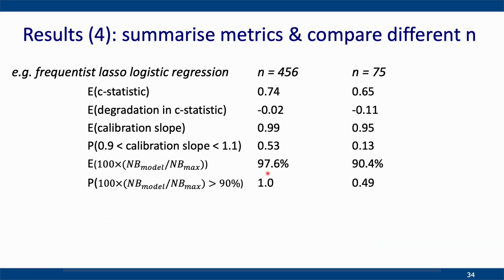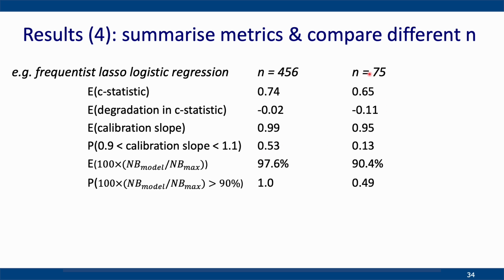So that was standard logistic regression, but of course now we would look at methods that we would actually be using for development, such as the lasso logistic regression, and we can see that the calibration slope is now anticipated to be 0.99 on average, and we've got a 50% chance of it being between 0.9 and 1.1.